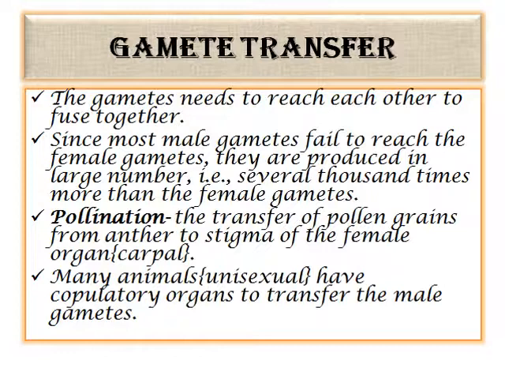So the transfer of the male cells to the female reproductive organ is known as pollination. Many of the animals usually have a copulatory organ. Copulatory organs are the organs which help the male gamete get transferred to the female reproductive organ.